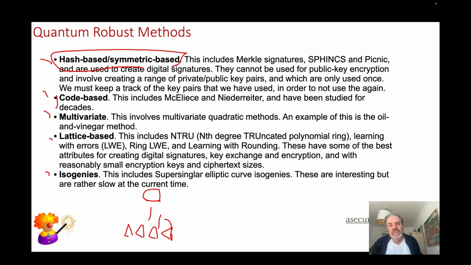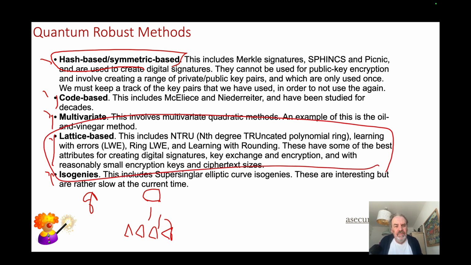We can have code-based, which is a bit like our error correcting codes that we would get on a CD-ROM. Multivariate is multivariate cryptography. I won't go into the details here, but the one that's used mainly for modern systems is lattice-based methods. And then we can have isogenies, which have the advantage of being able to use the Diffie-Hellman method from the past. But it is lattice methods that provide the best compromise of performance and key size.